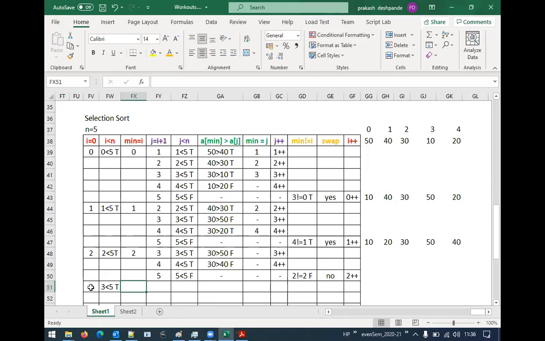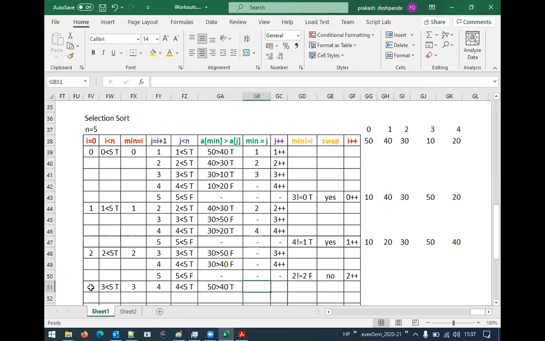Condition is true. Minimum value is 3. J value is 4. 4 less than 5. Condition is true. Now A of min is what? 50. Is this 50 greater than 40? Yes, it is true. Right?